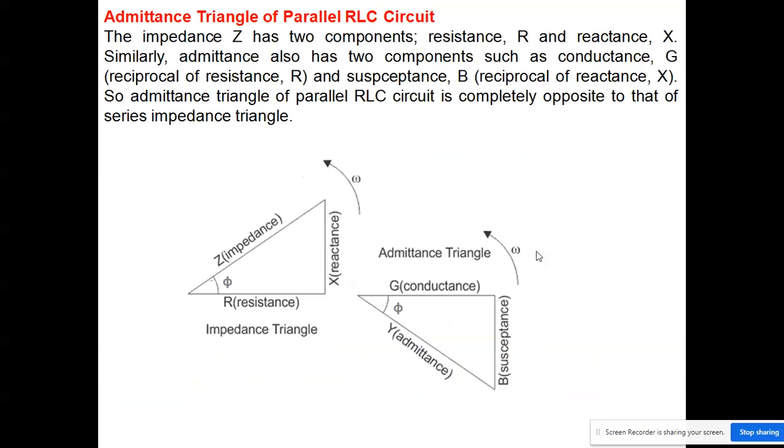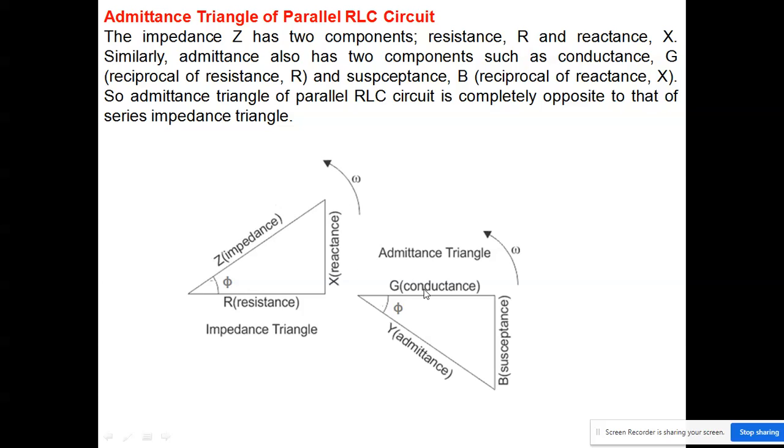If you draw the phasor diagram for the admittance, it is just the opposite of the simple impedance diagram. In the impedance diagram we have the resistance, the reactance, and the impedance.